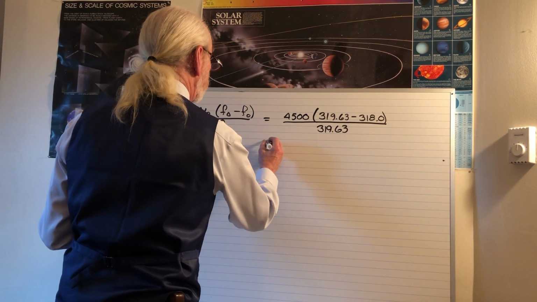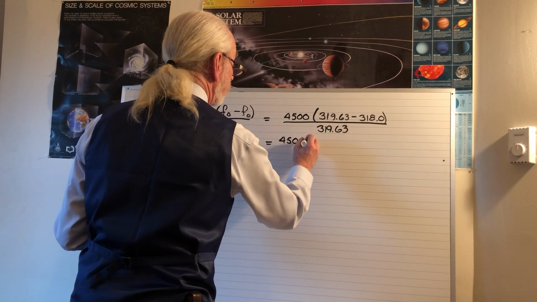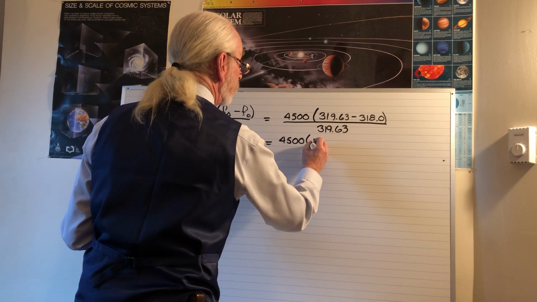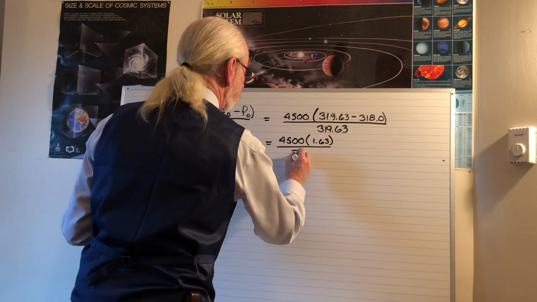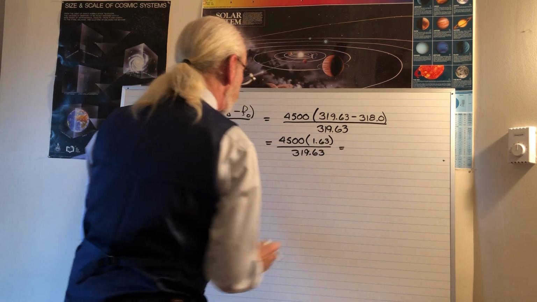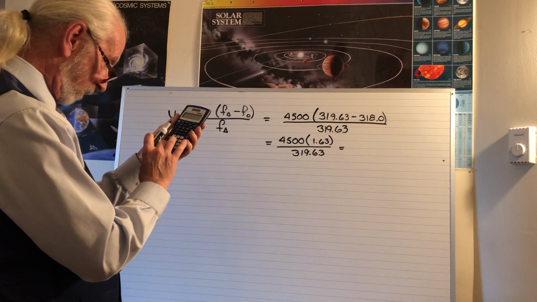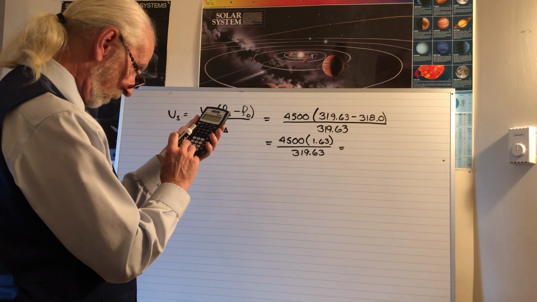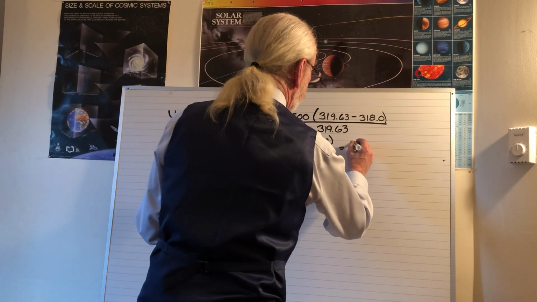So that should be 4,500 times 1.63 over 319.63. I got 73.35.